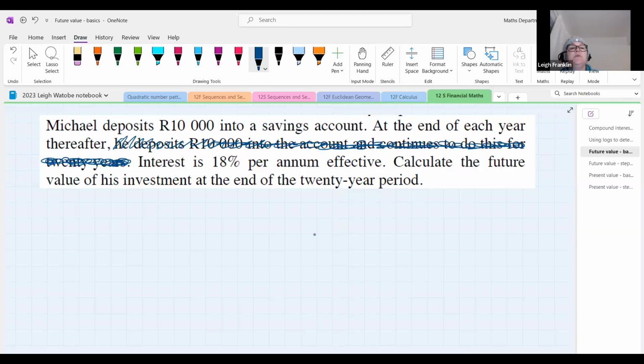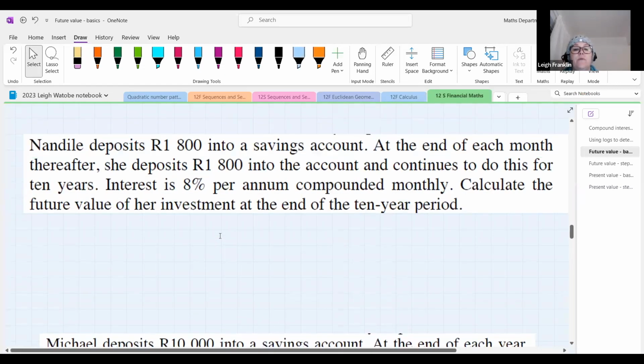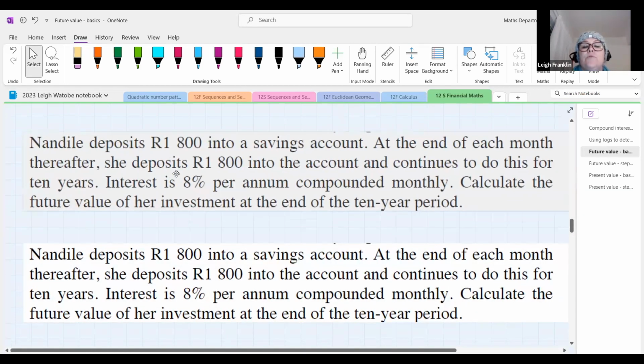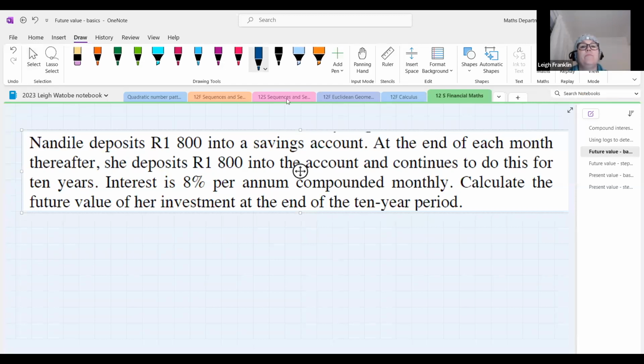Okay, so Michael deposits 10,000 Rand into a savings account at the end of the year. No, that's not a nice one to do. Let's see if this one's better. Just trying to see how we can doctor this so that we can work out the value of N. Yeah, we would have to use logs.